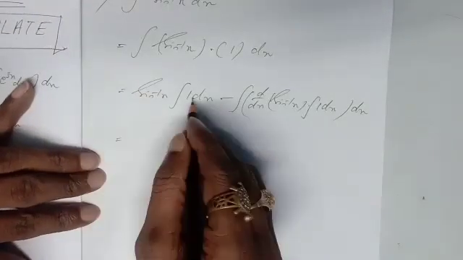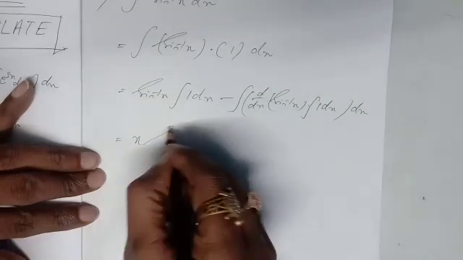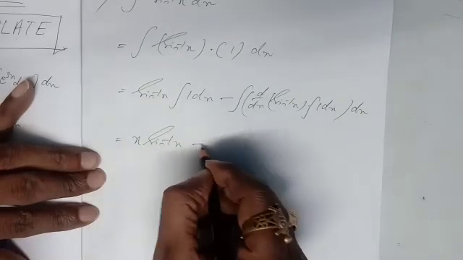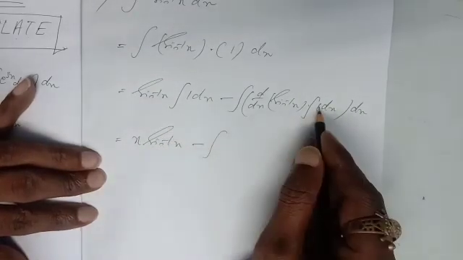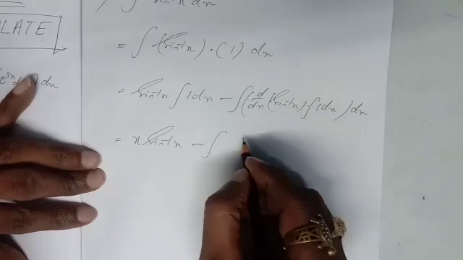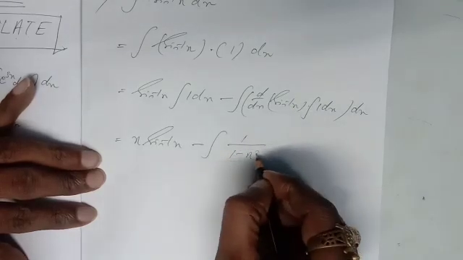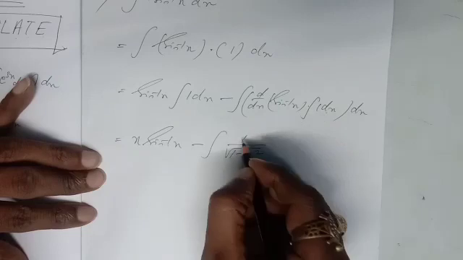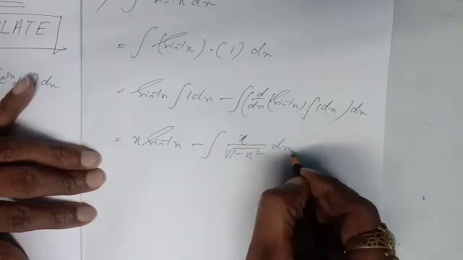The integration of 1 dx will be x sin inverse x minus, the derivative of sin inverse x, that is 1 by root over 1 minus x square, into x, that means x by this, whole dx.